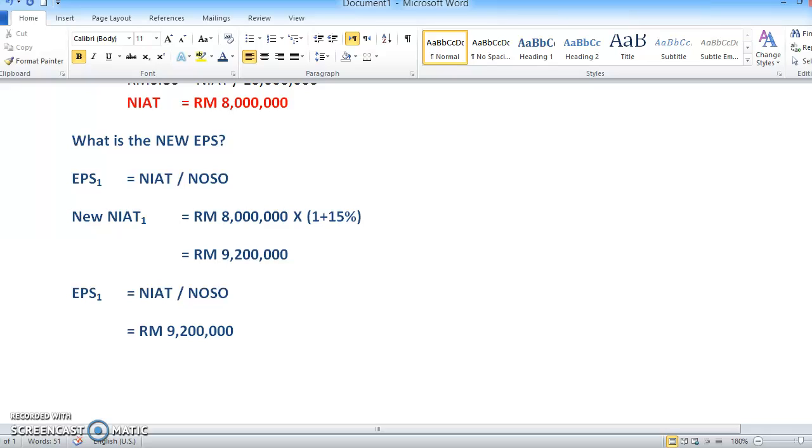And then bahagi dengan what are the number of common stock outstanding? Still the same, which is 10 million. Okay, so kita akan dapat the new EPS of RM 0.92, 92 cent. Okay, so you will get 92 cent. So this is your answer to calculate the new EPS.